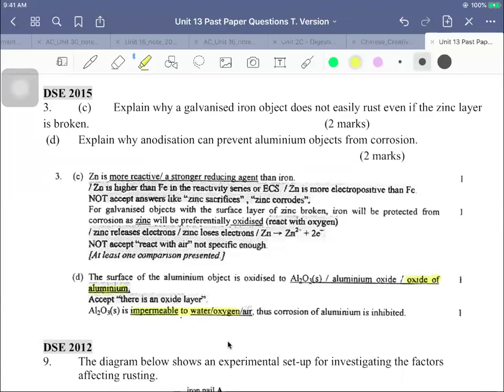So you can say it's impermeable to oxygen and water, or it prevents the iron from getting into contact with water and oxygen. Try to avoid saying it blocks the oxygen; saying it blocks the oxygen and water is okay. If I try to say it cannot meet oxygen or water, it's not wrong, but it's not scientific. Okay, so try to use scientific language.